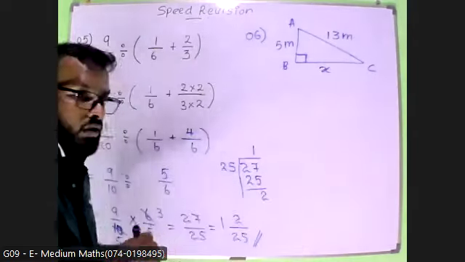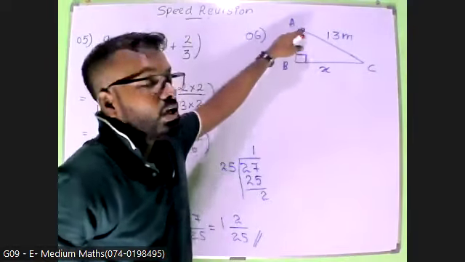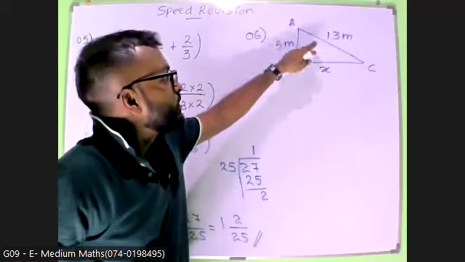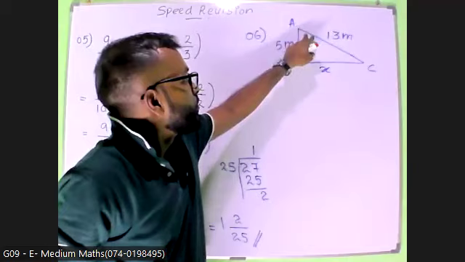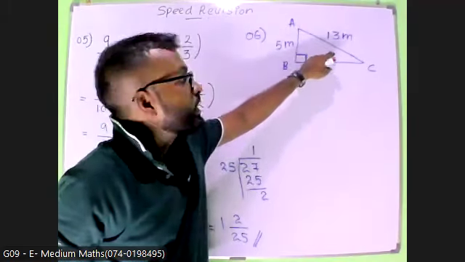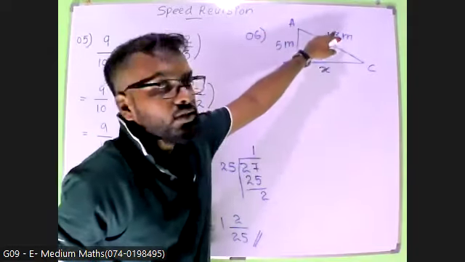So you have to apply the Pythagorean relation for this right angle triangle. So what is the Pythagorean relation? What is the longest side of this right angle triangle? Which is your hypotenuse, AC, right?